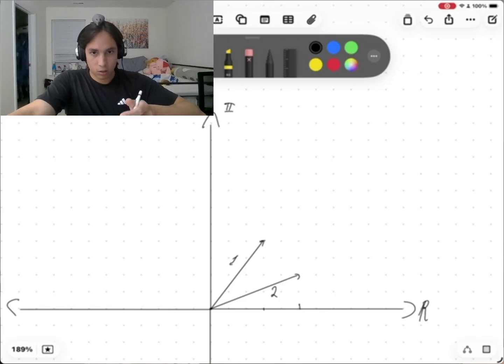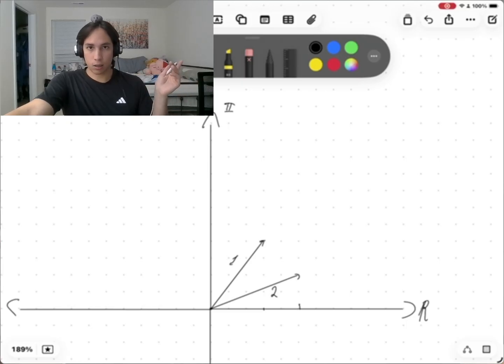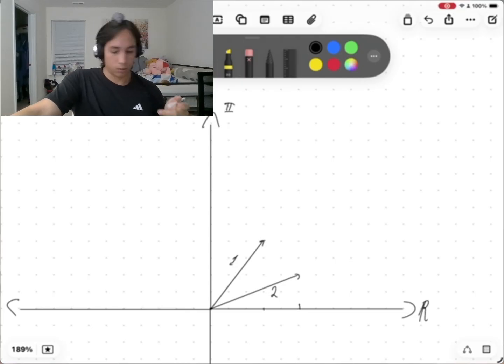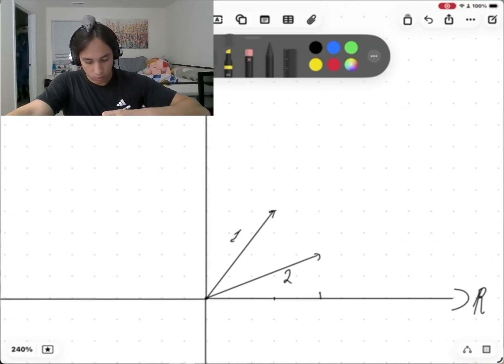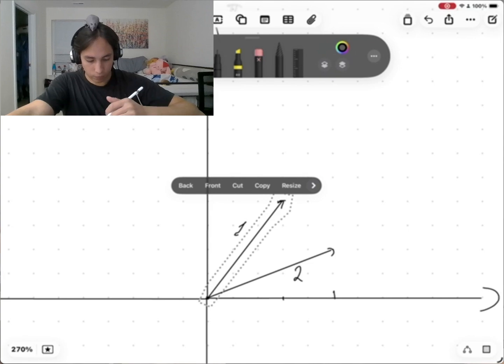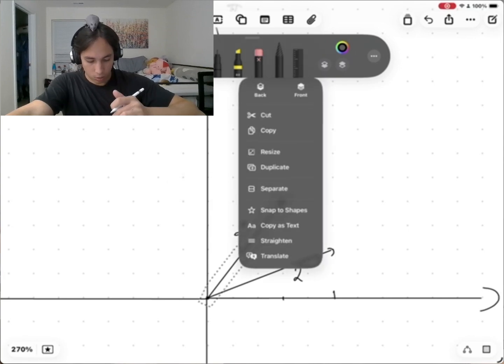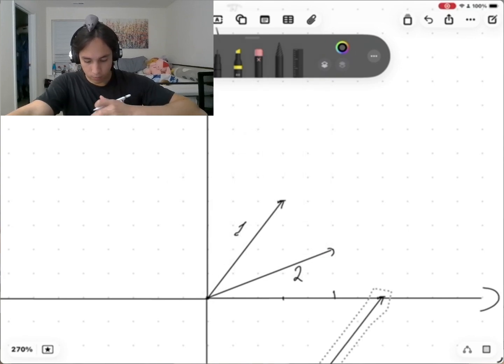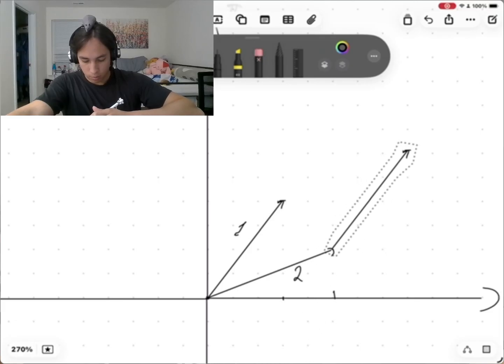So to do addition with complex numbers is the same as with vectors. Graphically, they're joined base to tip. So to add them, we can take either or. We can take vector 1, complex number z1, duplicate it and put it on the tip.